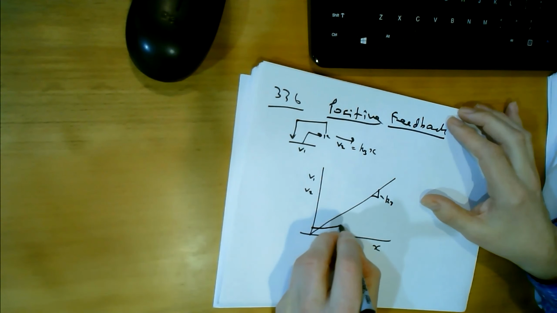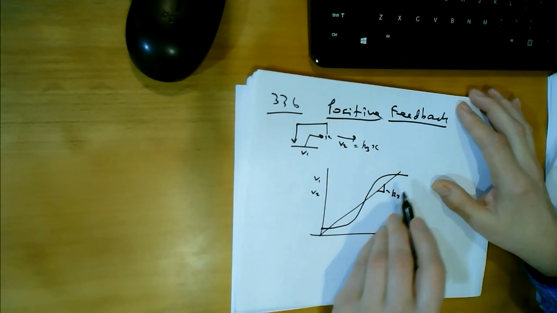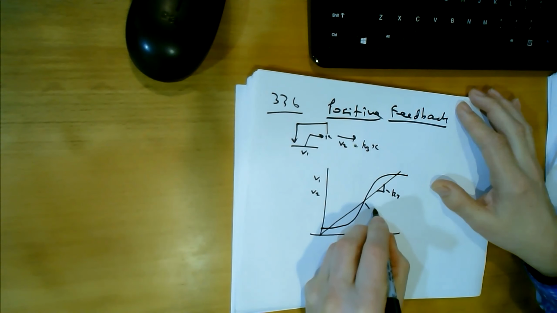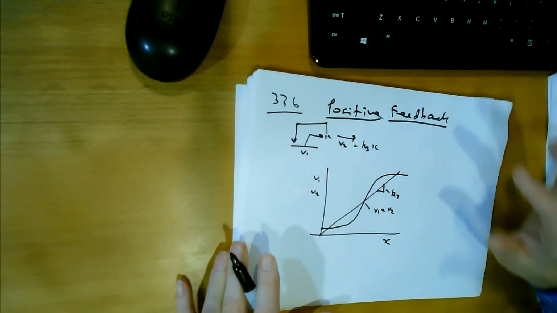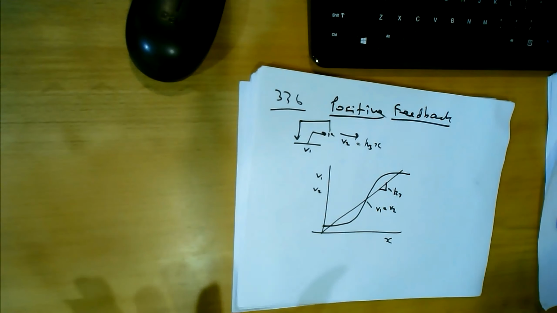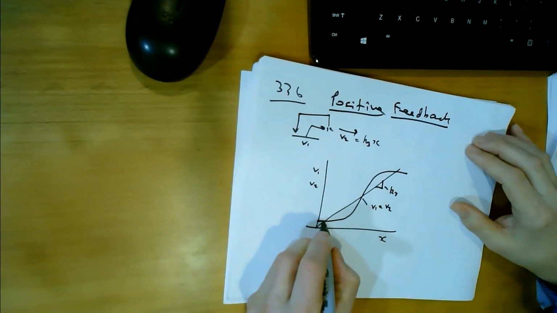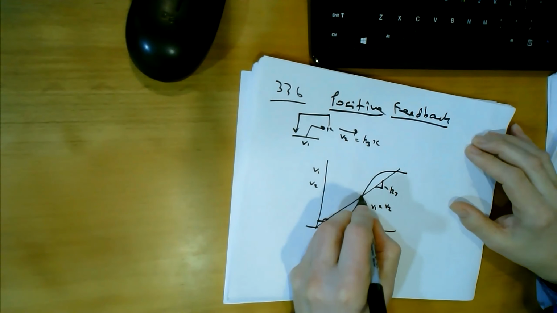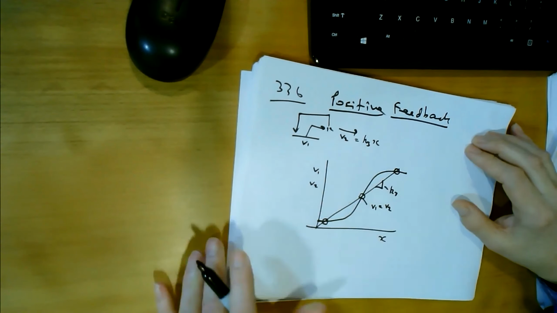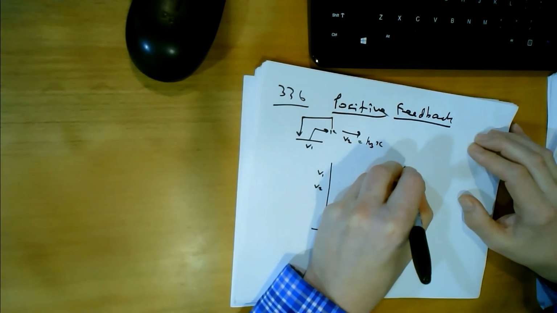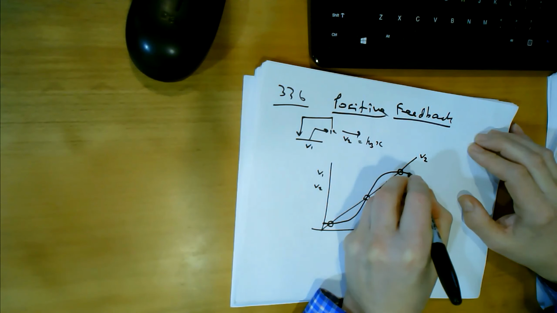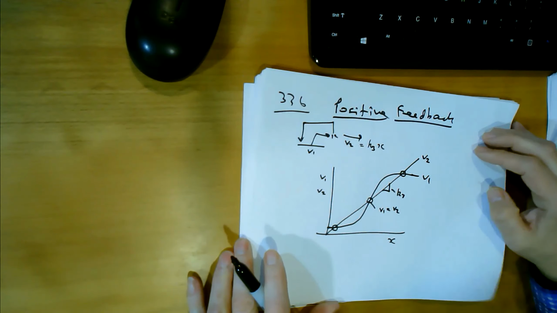Now, these lines where they cross is where the rates are equal. And of course, where the rates are equal, these must correspond to the steady state. So we'll see we have one steady state here, one steady state here, one steady state here. I'm going to extend this line here to label these so you know which curve is which.